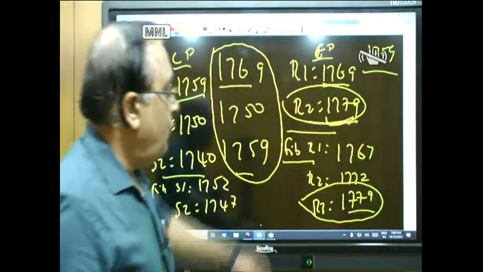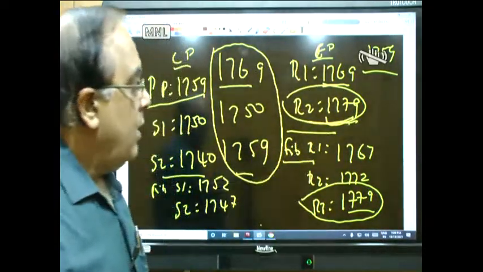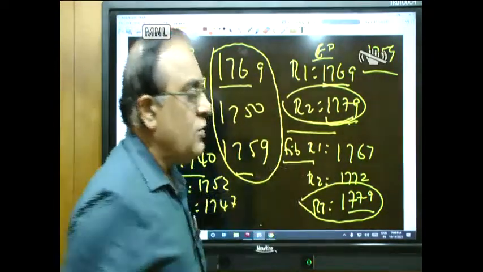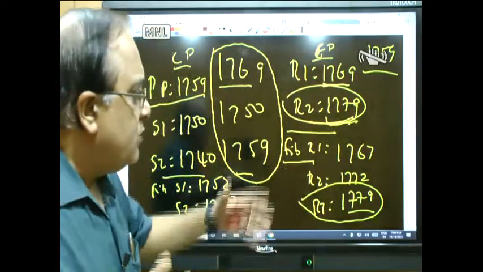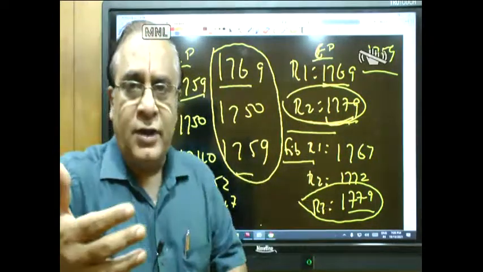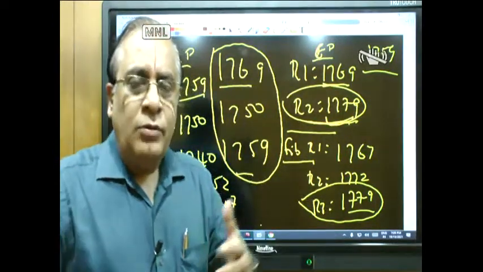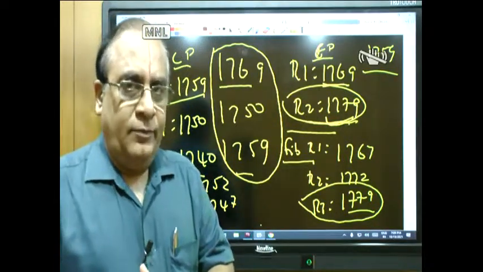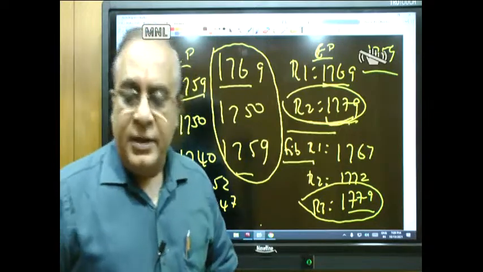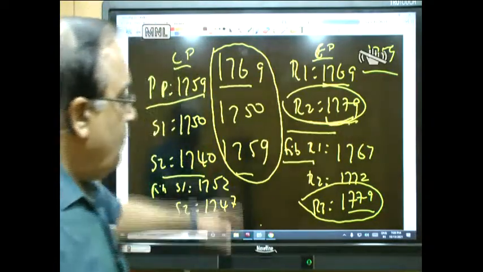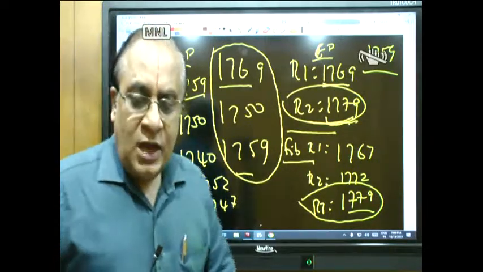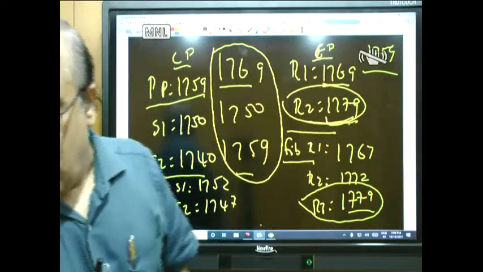And before that we have 1772 as a resistance. So we will find out what happened at these points: 1763, 64, 1767, 1772, 1759. Because today till now XAU gold has not gone below 1759. So let's look at what's happened, and we will look at the Indian price also shortly. Now we'll go to the chart, for which we use the investing.com site.